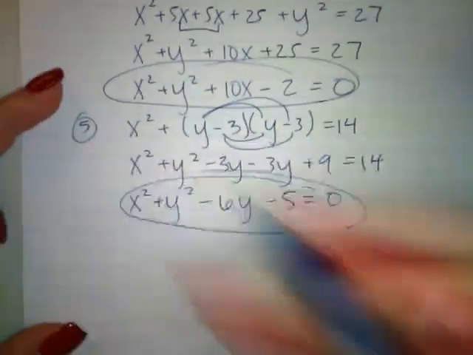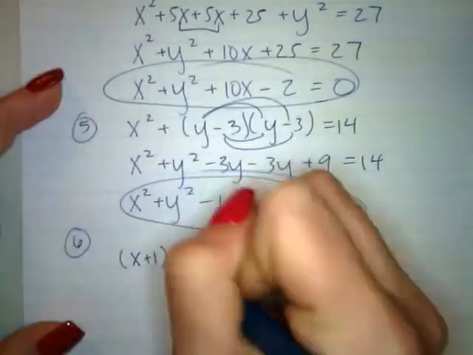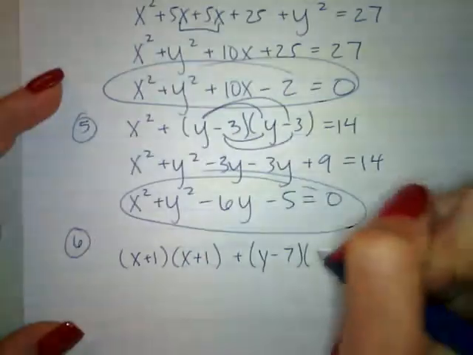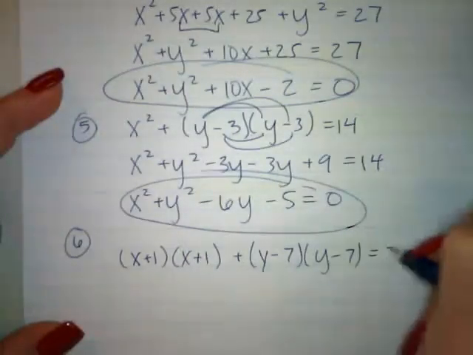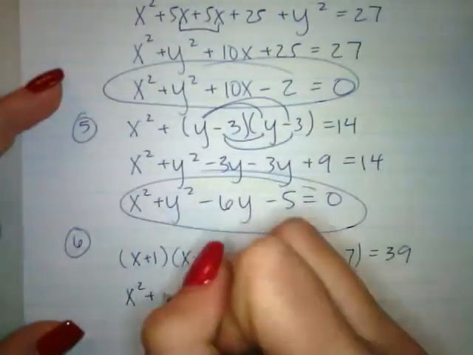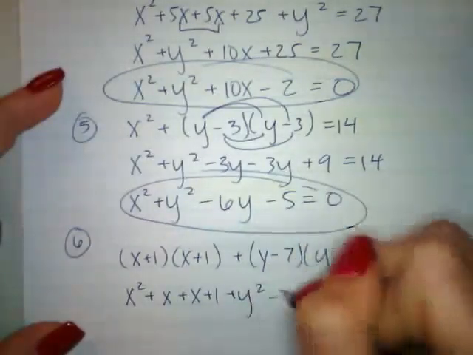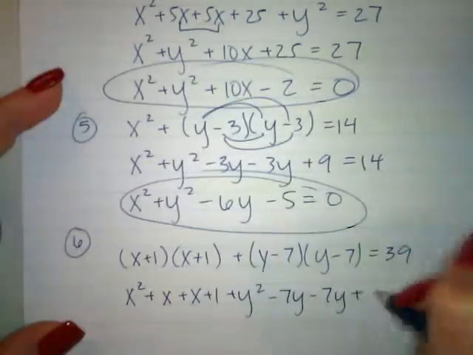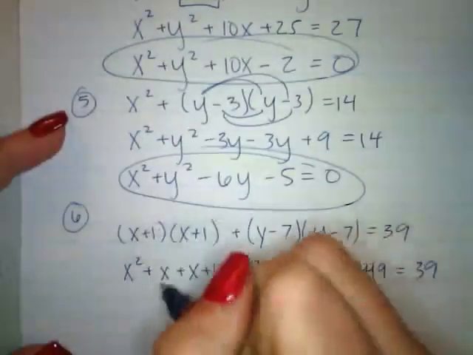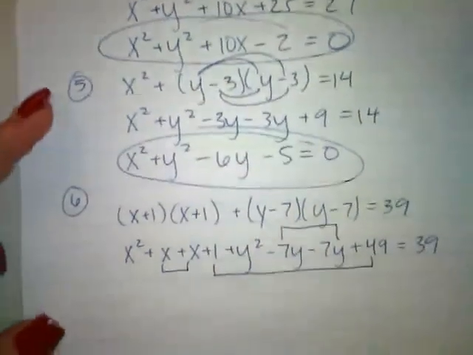Question 6. X plus 1 times x plus 1. Y minus 7 times y minus 7. Okay, starting my foiling process, x squared plus x plus 1. Y squared minus 7y minus 7y plus 49. I can combine like terms, like term, and like terms.